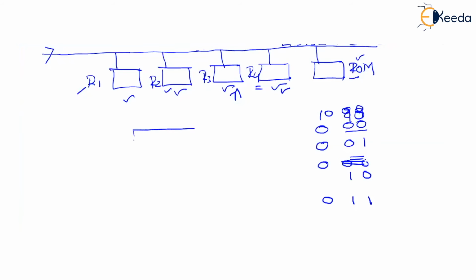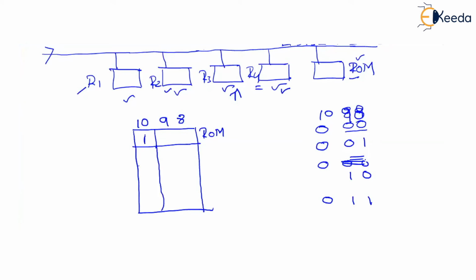I will write it here: 10th digit, 9th digit, 8th digit. Whenever the 10th digit is equal to 1, regardless of 9 and 8, it is for ROM. Whenever the 10th digit is equal to a 0, then we need to see the 9 and 8 digits.